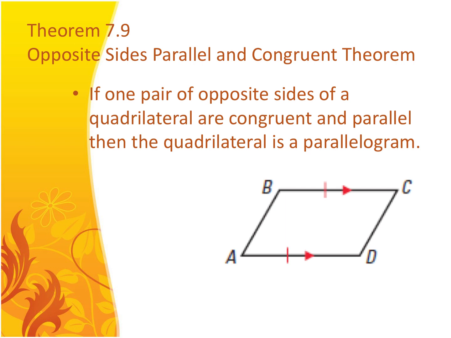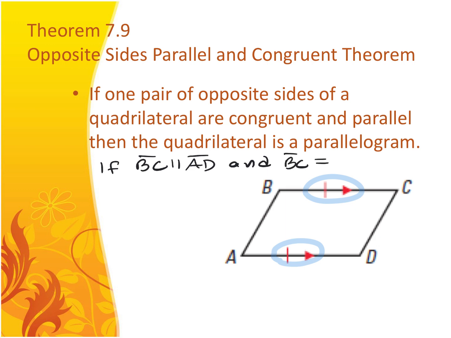So notice in the picture, on one pair of sides, the BC and the AD side, it's got both a congruent mark and a parallel mark. So the statement I can make is if BC is parallel to AD and BC is also congruent to AD, then ABCD is a parallelogram.